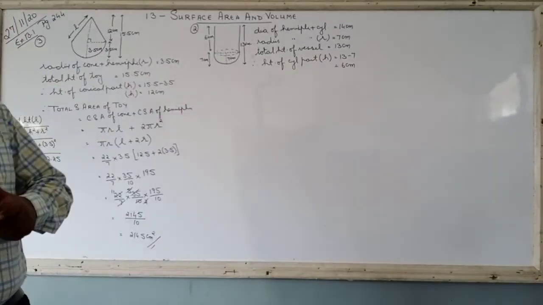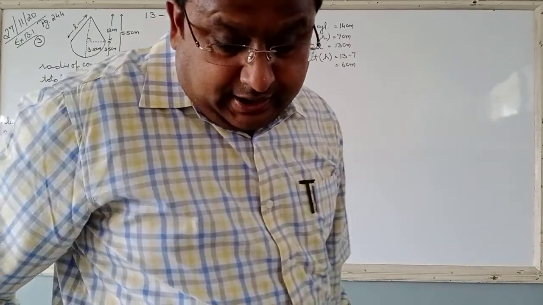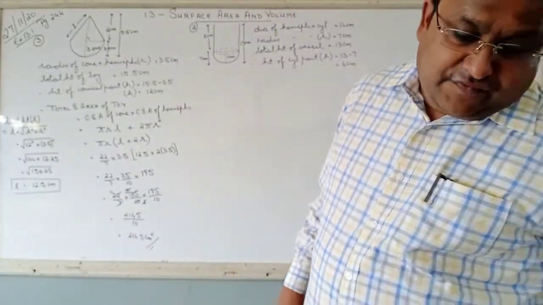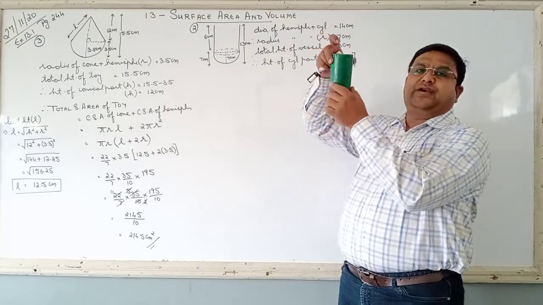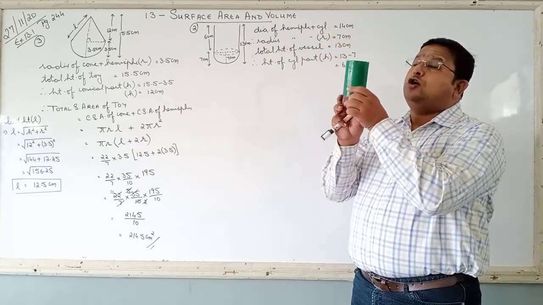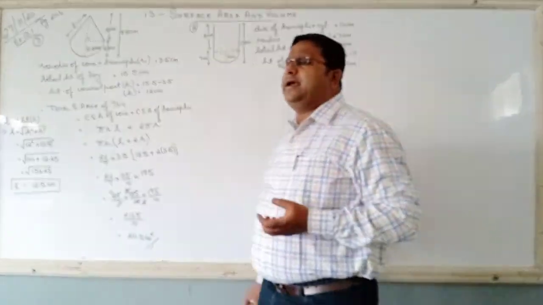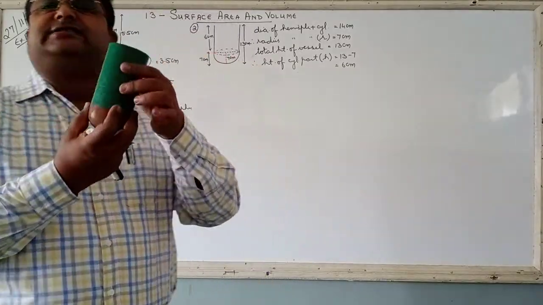Yes or no? The question says find the inner surface area of this vessel, cylinder and hemisphere. Because the thickness of the cylinder is very small, he says inner surface area.